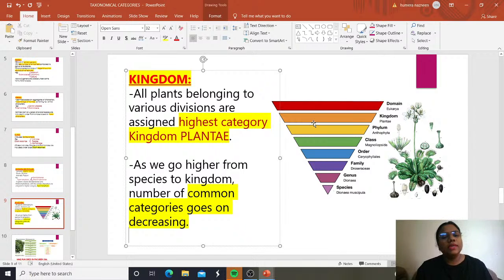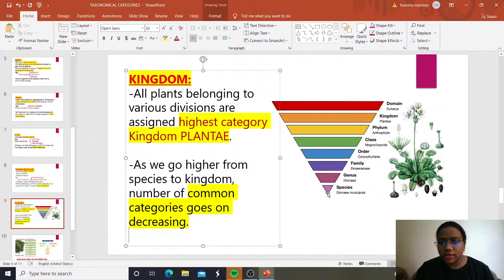What is kingdom? It is the highest category, and all the plants belonging to different divisions, orders, classes, everything is included under this single highest category, which is kingdom Plantae. Clear? See here.